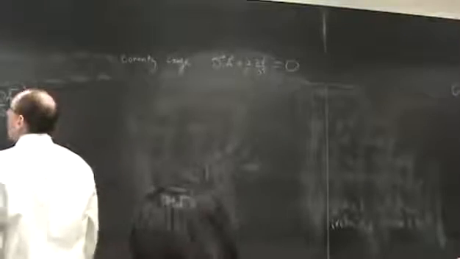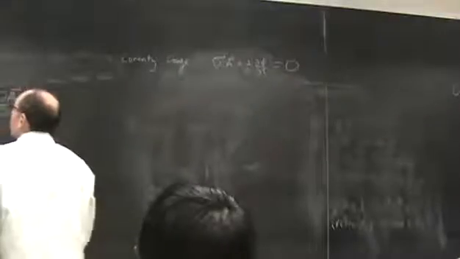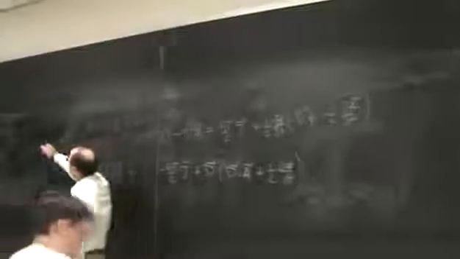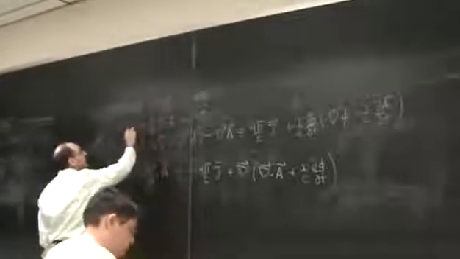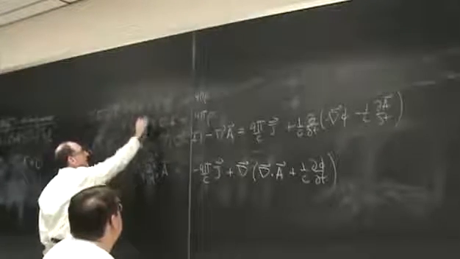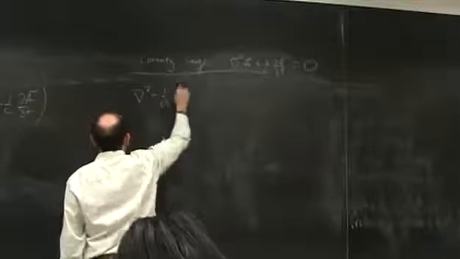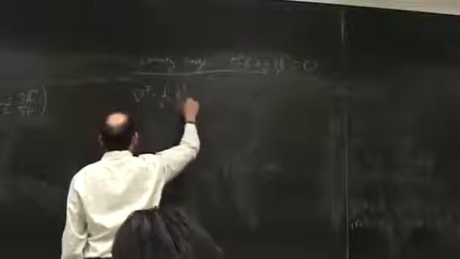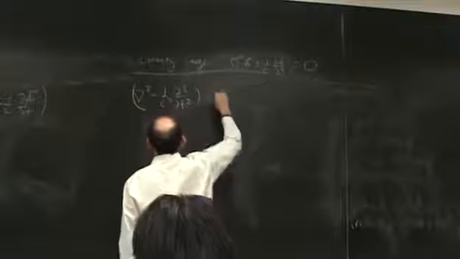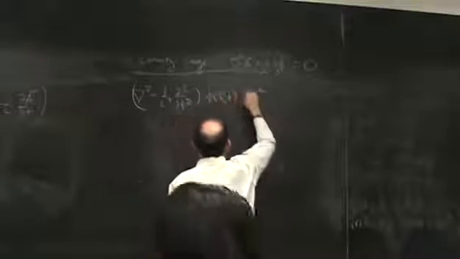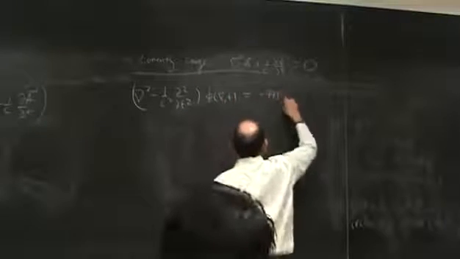That means we can plug in for del dot A is equal to minus 1 over c dphi/dt. So in the Lorentz gauge, we get del squared minus 1 over c squared d squared/dt squared of phi of x and t equal to minus 4 pi rho.